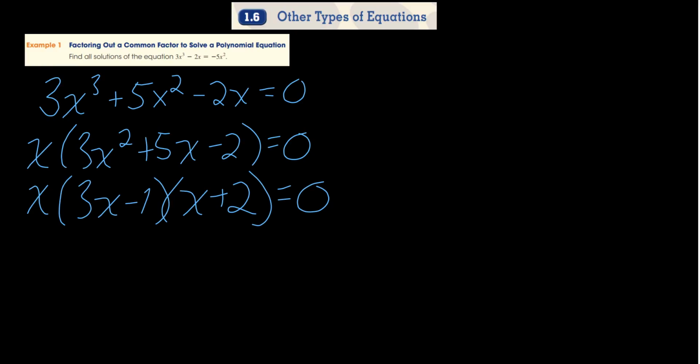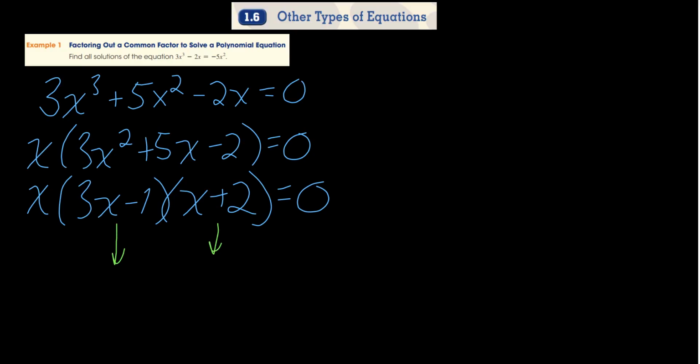Now what we're going to do is set each of these terms equal to 0. And again, these are pretty easy. We can just do them in our head. So first thing we're going to do is set x equal to 0. And this is the one that, like I said, many people forget. People just go straight to these two and solve for them, but forget that x out front. So whenever you do factor something out, make sure you account for it.